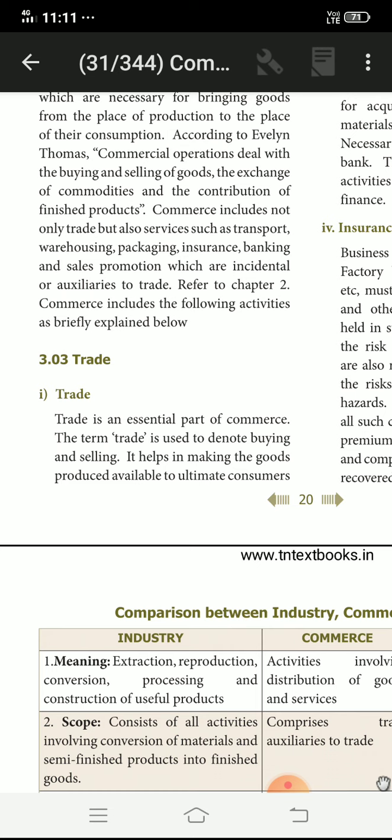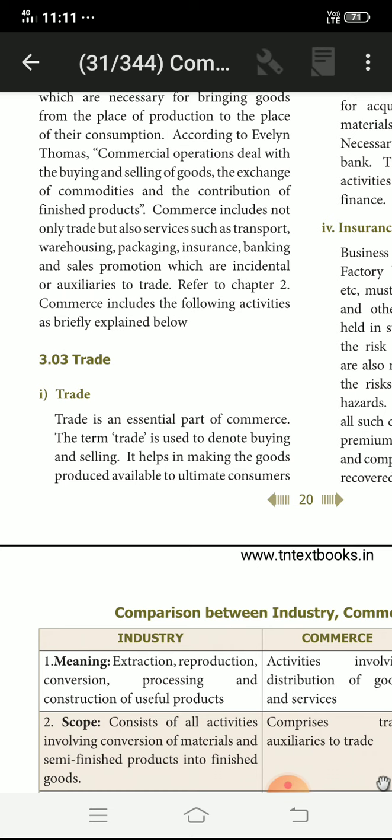Now let us see the meaning of trade. Trade is an essential part of commerce. Buying and selling is commerce, we have already seen. The term trade is used to denote buying and selling.